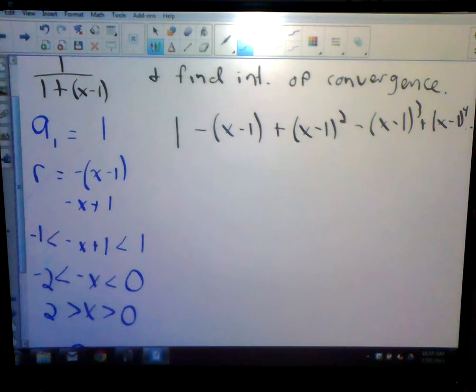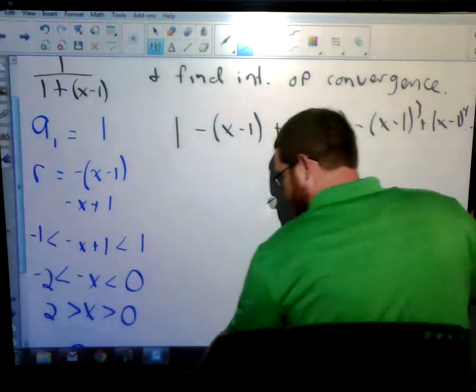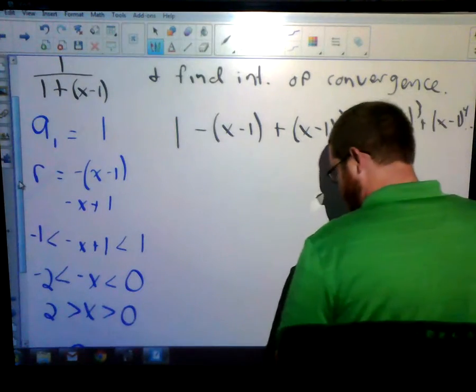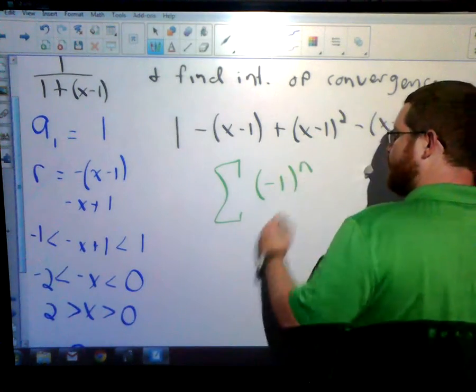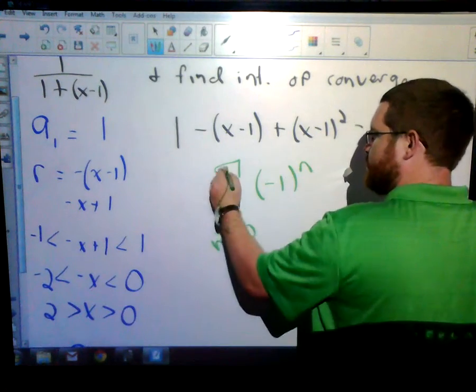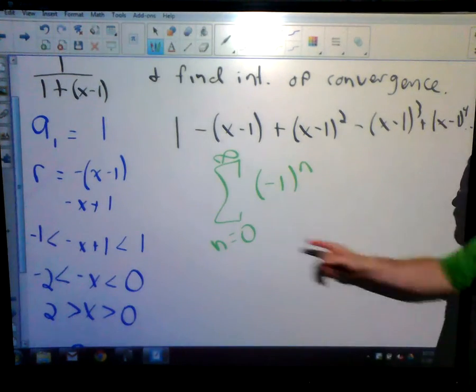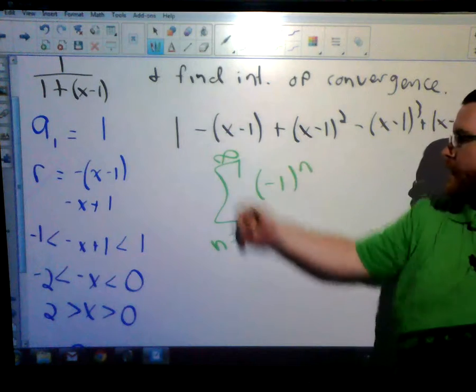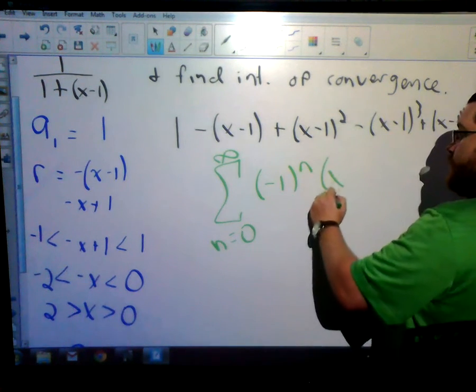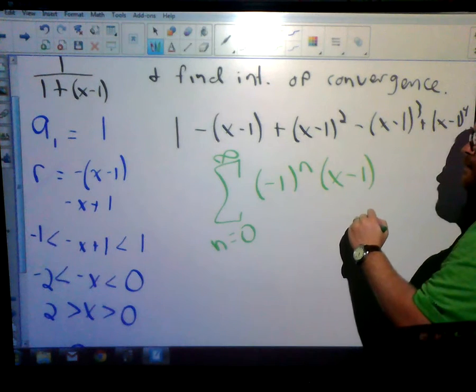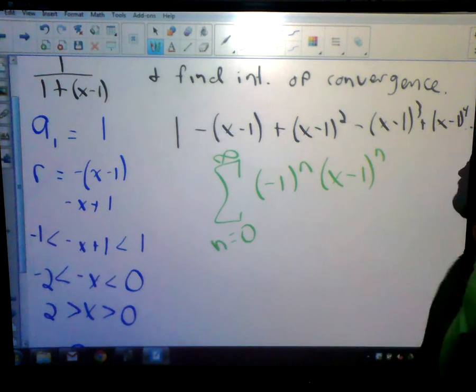You can see the pattern. So let's write the general term. Well, it alternates, so let's start out with that. Make sure it works. Plug in 0 is positive, 1 is negative, 2 is positive, so that works. What are you multiplying by each time? X minus 1 to the nth power.